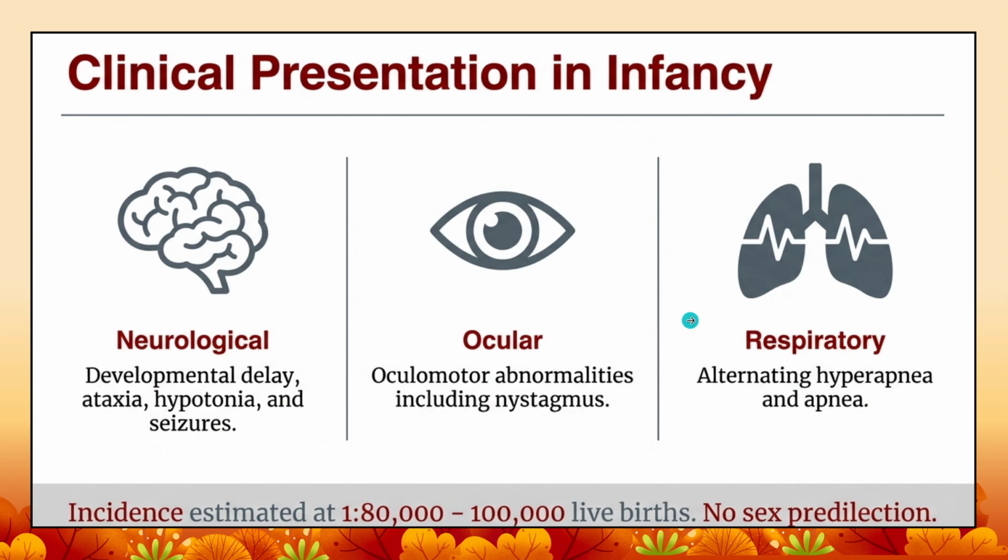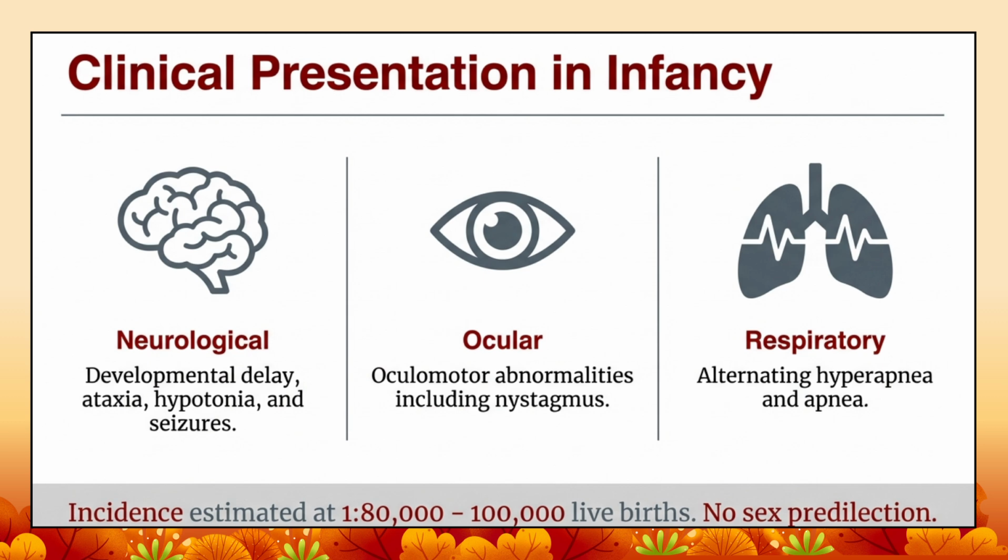Coming to clinical presentation of Joubert syndrome in infancy, there will be neurological features, ocular features and respiratory abnormalities. Neurological features include developmental delay, ataxia, hypotonia and seizures.